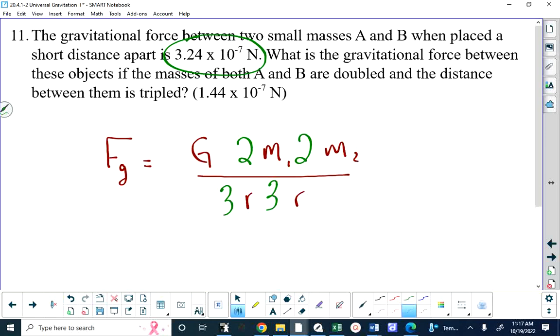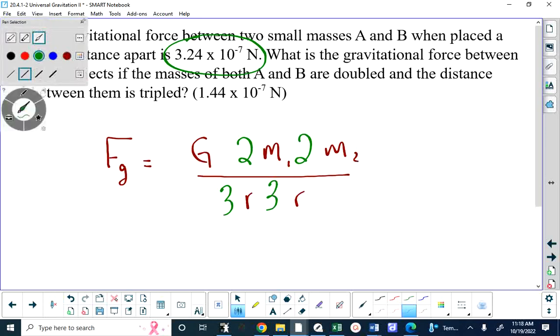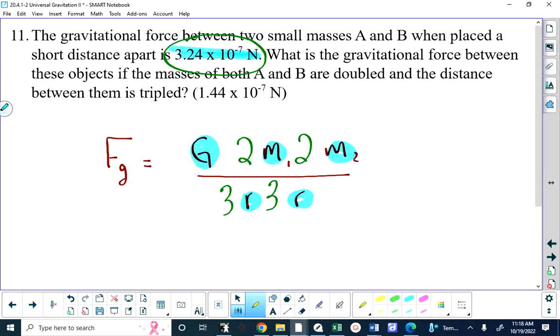And really think of it this way. And I'm verging on now explaining to you how you would put it on paper. But all of this that I'm going to highlight, that's this. That's that original force before we put numbers in.